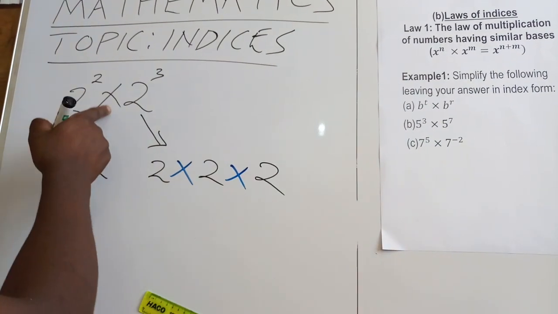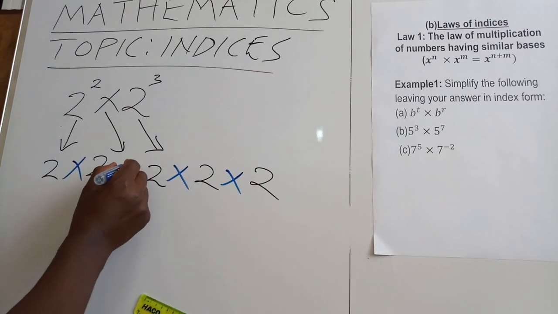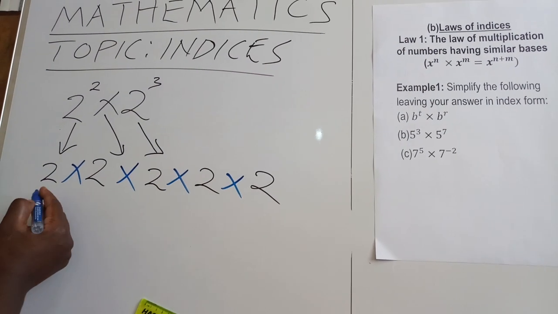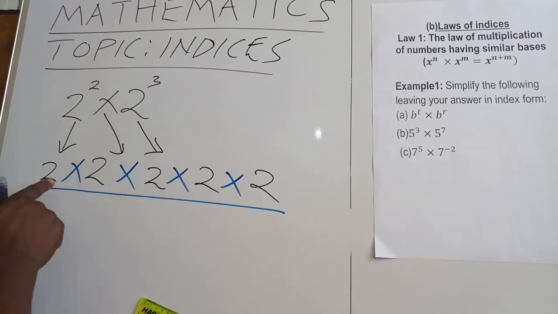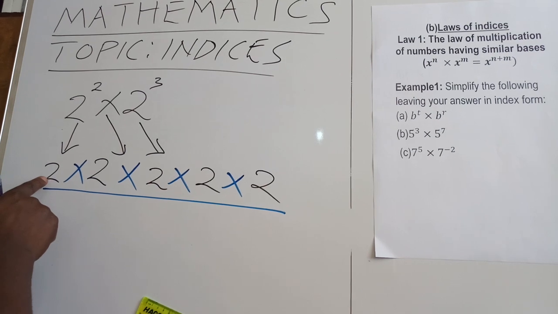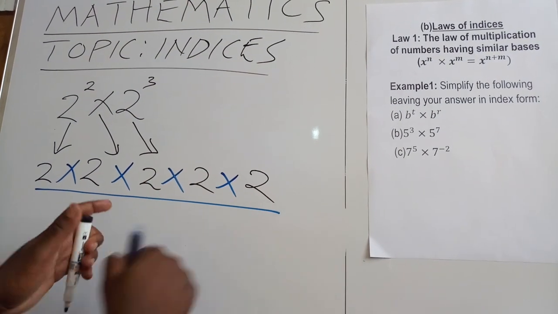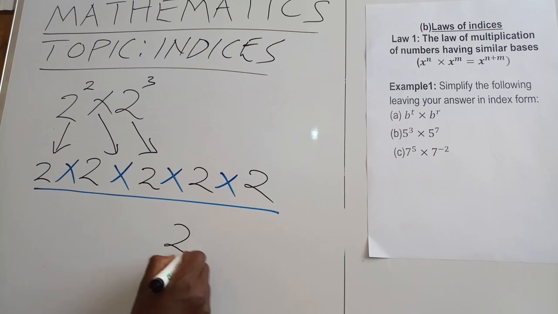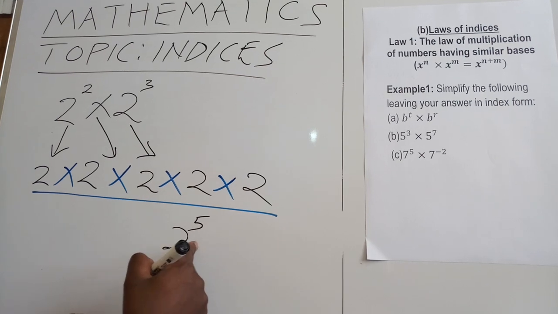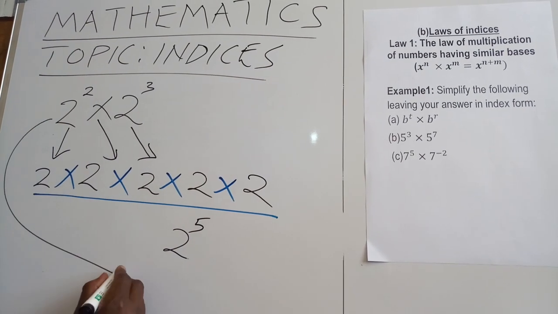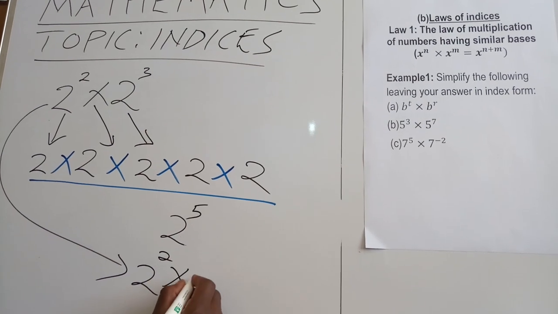Then remember, we have this multiplication as the initial operation, which I have here. Then in the end, it means we are multiplying the 2 by itself how many times? 1, 2, 3, 4, 5. That means we shall end up with 2 power 5.